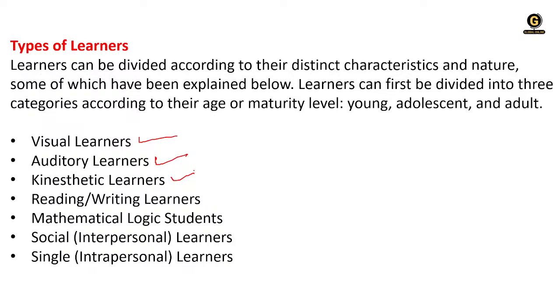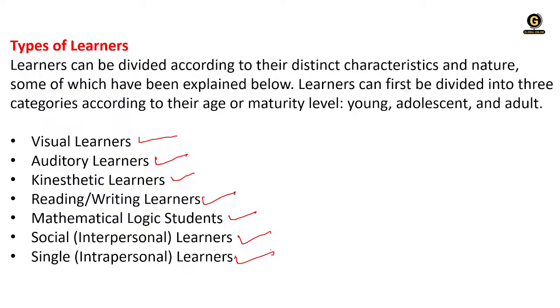Then mathematical logic students, who are more interested in logic, formulas, and solving problems. Then social, or interpersonal learners, who like to interact, who like to talk more with different people. They get knowledge from talking with others. Those are the social learners. Then single, or intrapersonal learners, who learn by themselves.